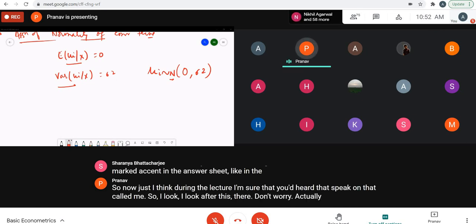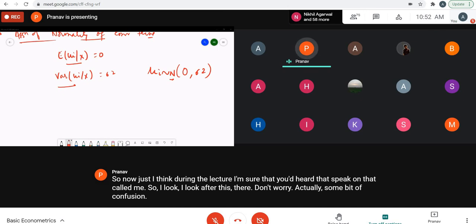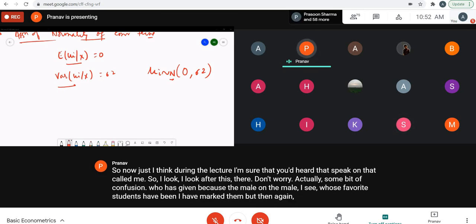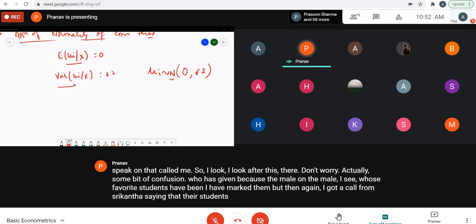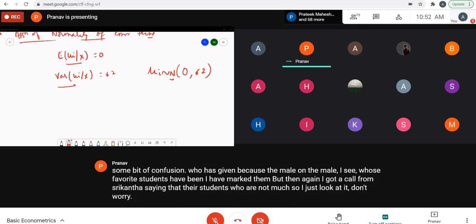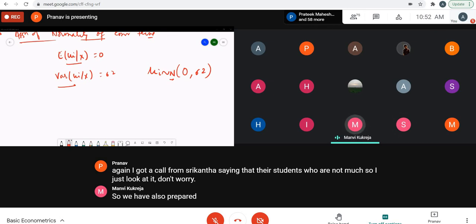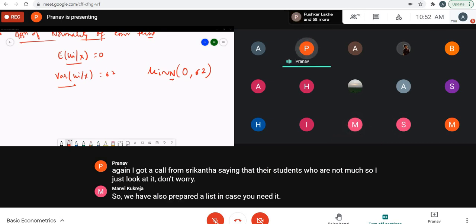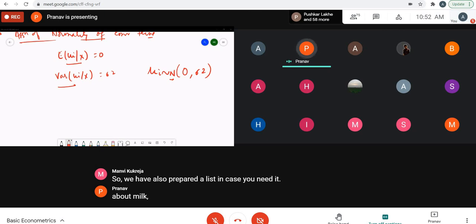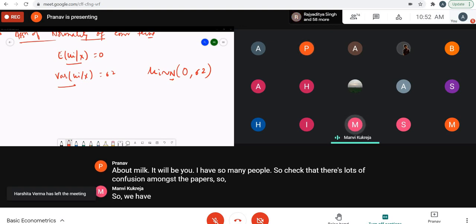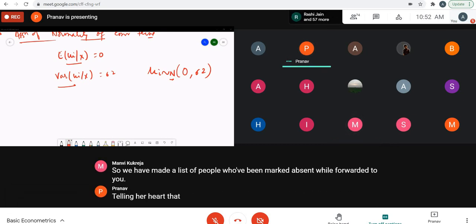Actually, there is some confusion about who has submitted, because on the mail, whichever students have submitted, I have marked them. But then again, I got a call from Shrikant saying that there are students who are not marked. So I'll look at it. Don't worry. We've also prepared a list in case you need it. It will be great if you mail it to me. I have so many papers to check that there's lots of confusion among the papers. So we have made a list of people who've been marked absent, and I'll forward it to you. That will work. Okay, sir. Thank you.